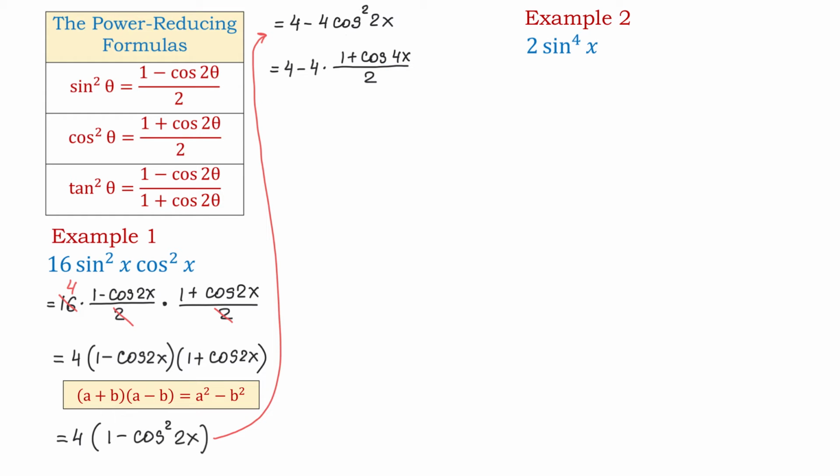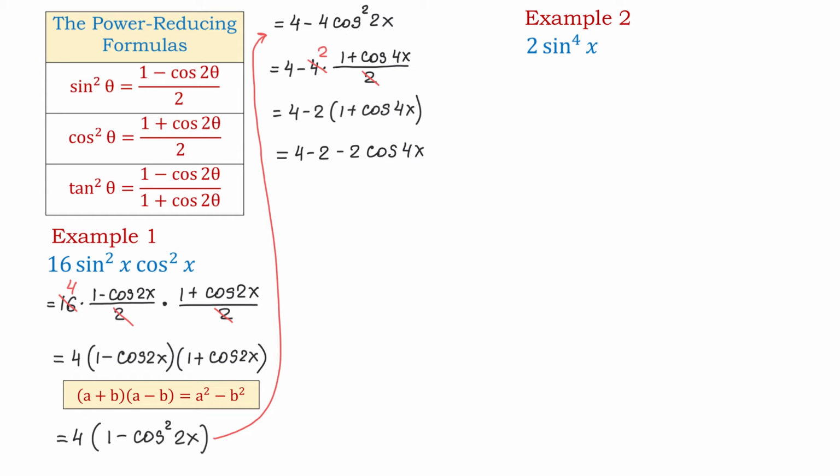And now let's divide 4 by 2. 4 divided by 2 is 2. And now we have 4 minus 2 parenthesis 1 plus cosine of 4x. Then again we will distribute and we will have 4 minus 2 cosine of 4x.